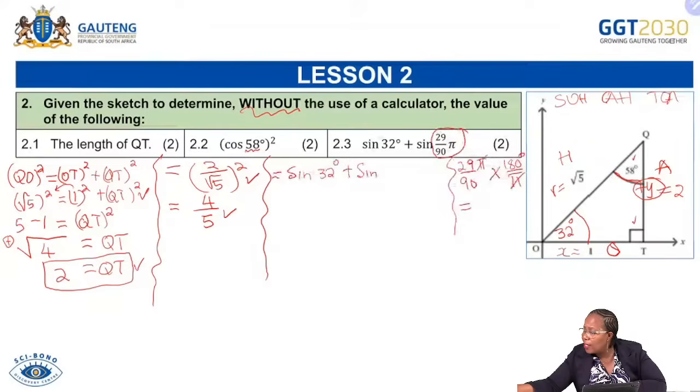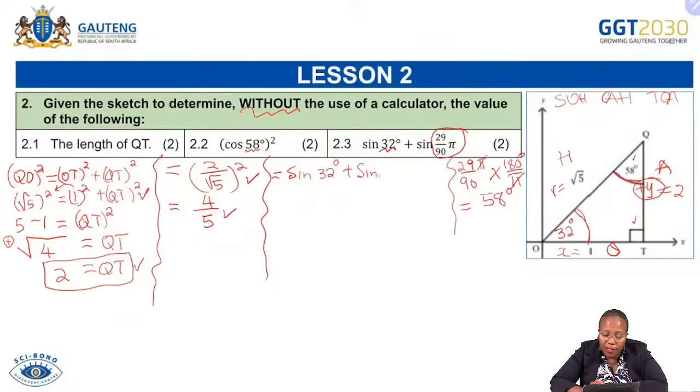And then if you look at that value, grade 12, it is giving us how much now? The radian value is 58 degrees, right? Here you have indicated already the 32 because there's a 32 on your diagram. Can you see now how helpful is indicating that remaining angle there?